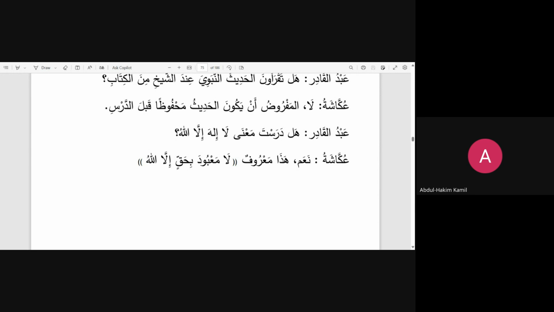What does this mean, لا معبود? Like there's no God, there's no deity worshipped in truth other than Allah. There's nothing worshipped in truth other than Allah.